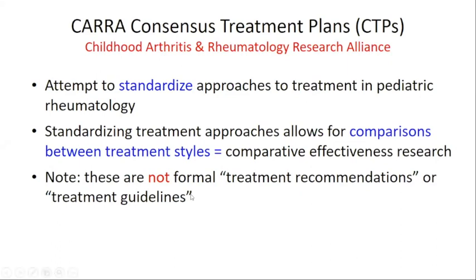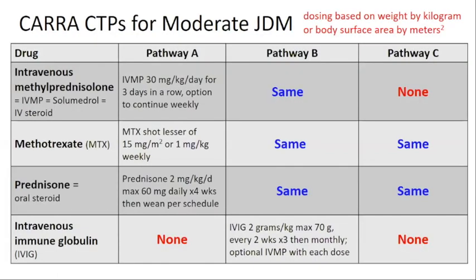It's important to know that these are not formal treatment recommendations or treatment guidelines. These are basically pathways that physicians and families can choose together regarding how to treat a patient with myositis, but it's not necessarily the absolute right way to treat.